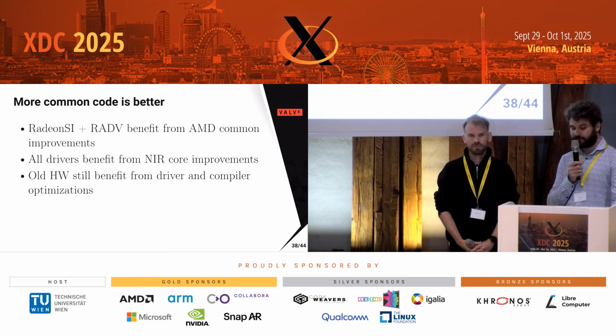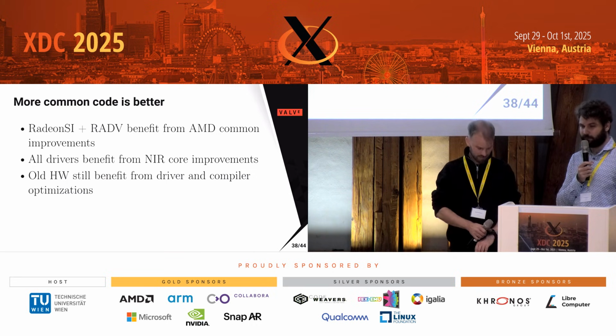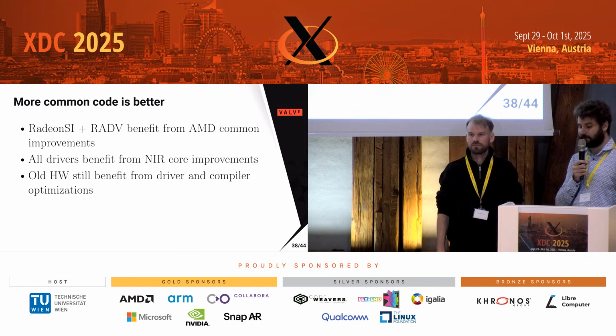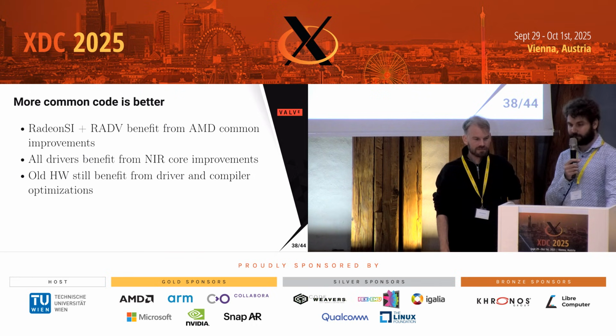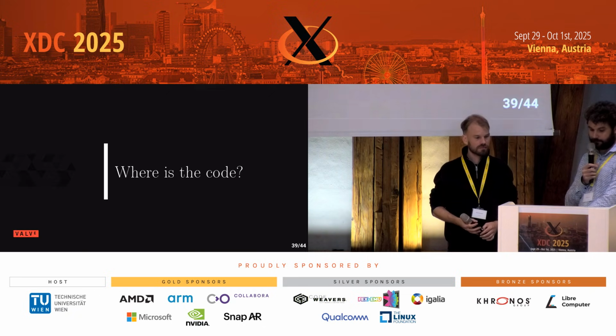And the other interesting thing is that if you're using an older GPU from 5 years ago or 10 years ago, that is still going to benefit from the improvements that we are doing today, even if we don't enable all new features on the old GPUs. They can still benefit from algebraic optimizations and stuff like that.